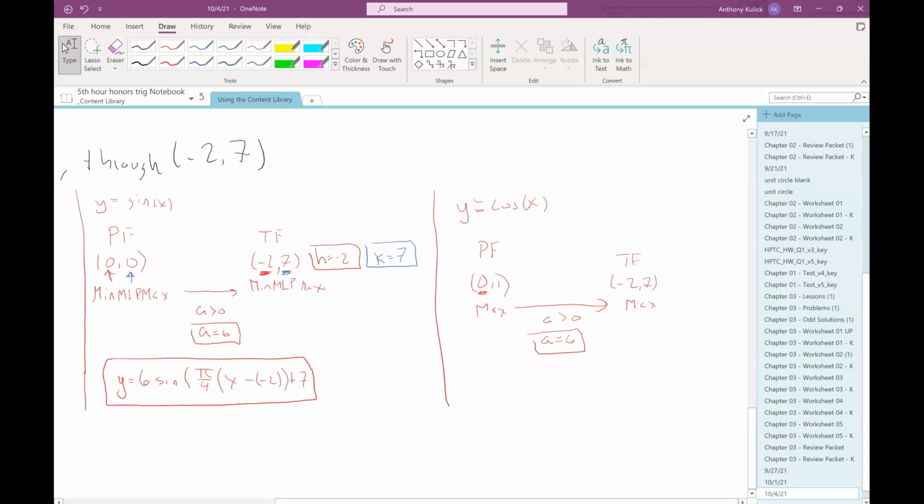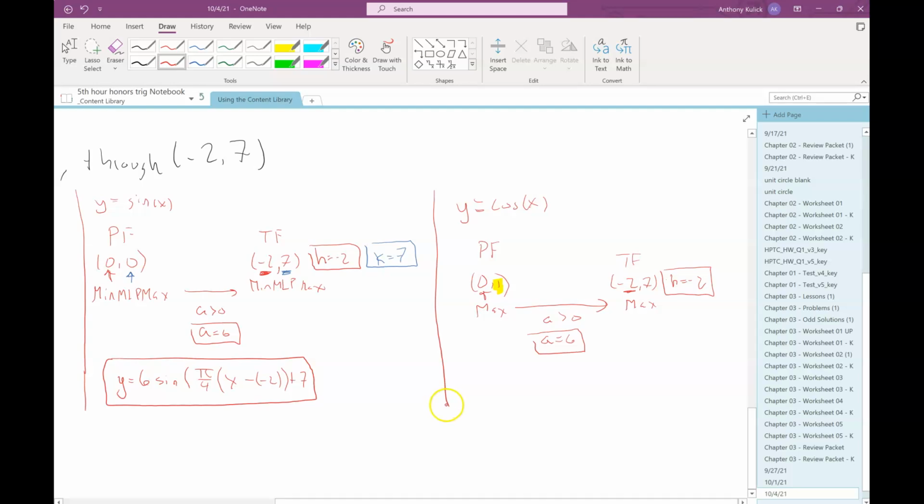Since the x-coordinate from the parent function is 0, that means the H is the x-coordinate from the transformed function. However, notice that the y-coordinate from my parent function is not 0.